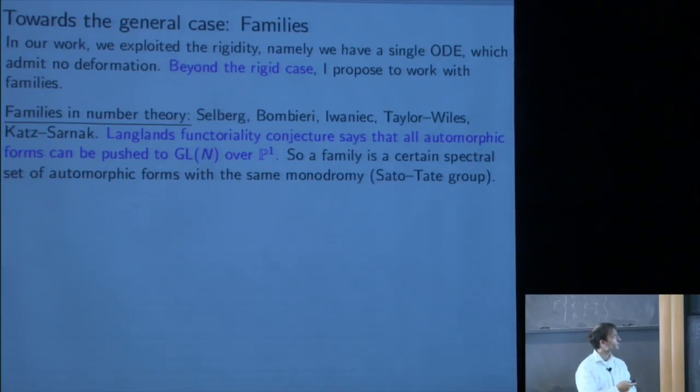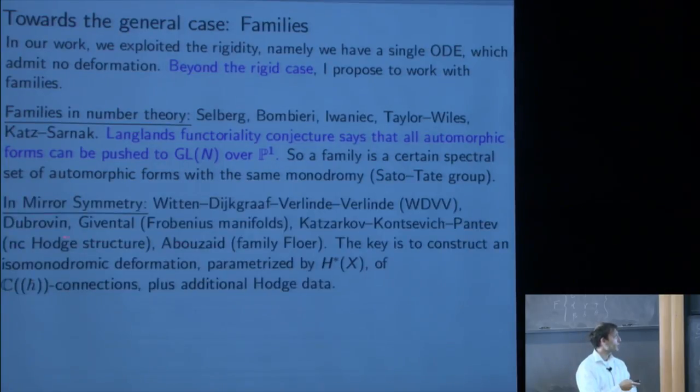And in mirror symmetry, you also have the idea of a Frobenius manifold, especially, which is an isomonodromy equation, very similar to having a family in the Langlands program, where you have things which are attached to the same group.